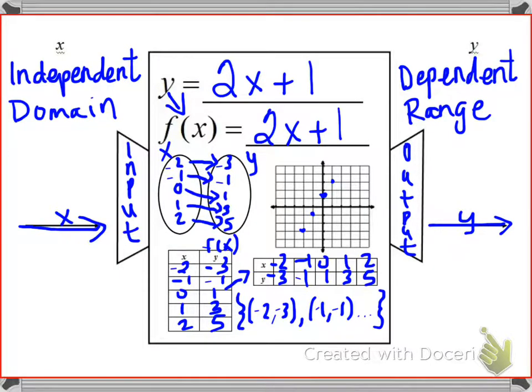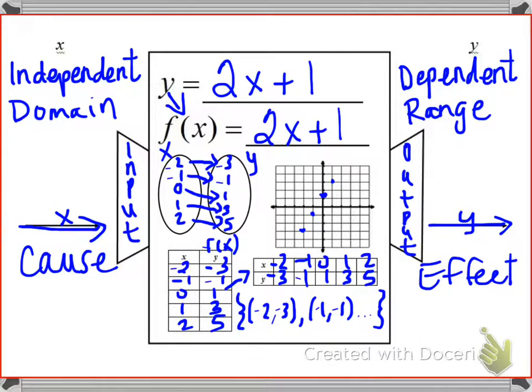One of the other things that I've been calling it is the cause. And that gives us Y as the effect. But another way to put it is called an if statement. If this happens, then this occurs also.